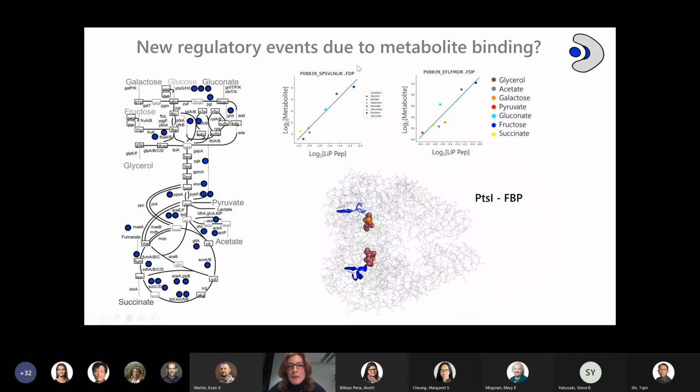And this is two peptides, the ones you see up here, and both peptides were located at the active site of this enzyme. So we speculated that Fbp might bind the active site of PTSI and act as a competitive inhibitor of the enzyme.